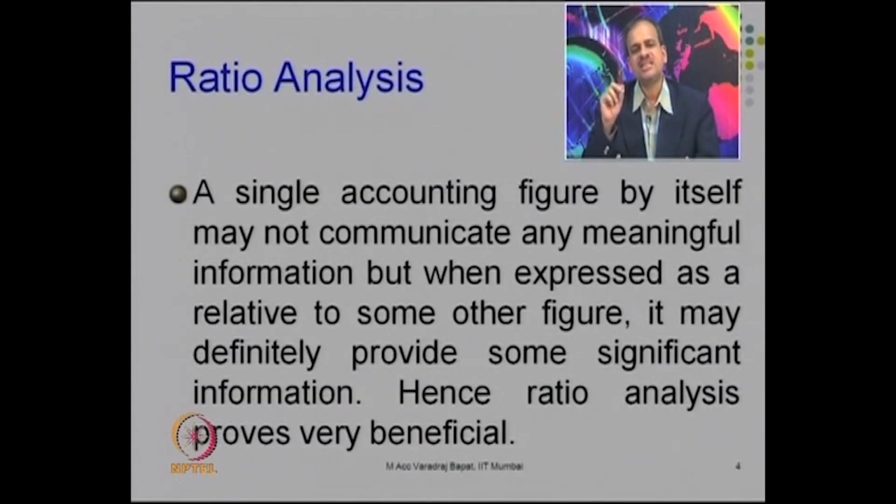So what happens is, a single statement does not give you that much information. If you pick up a single accounting figure from one statement, it really does not tell you what it tries to explain. So we will have to relate it with some other statement or some other item, and that is something which is done or attempted in ratio analysis.